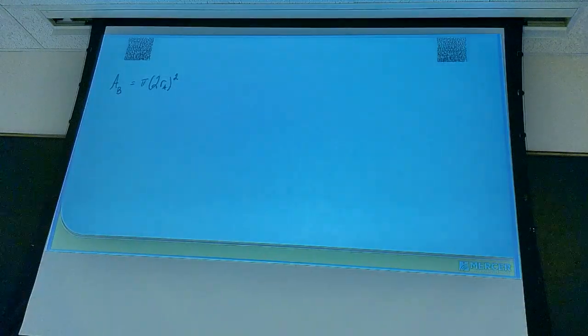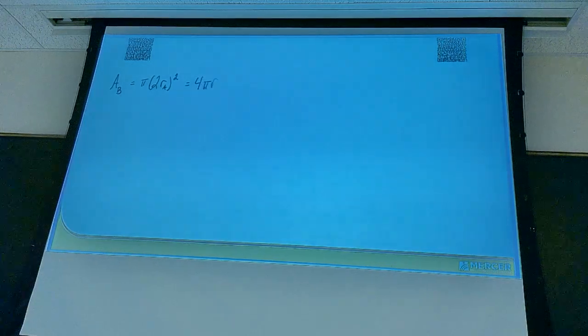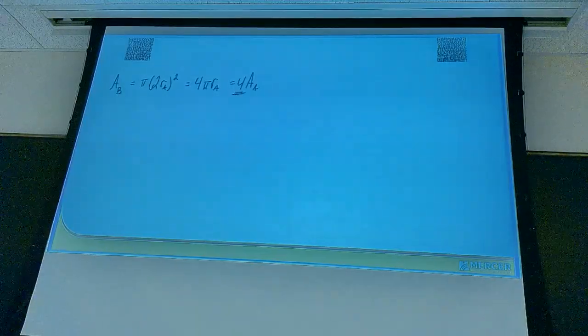Well, this is what we have, right? You're just doubling the radius. So there would be pi times twice that radius squared. What's 2 squared? Ratio would be 4 to 1.